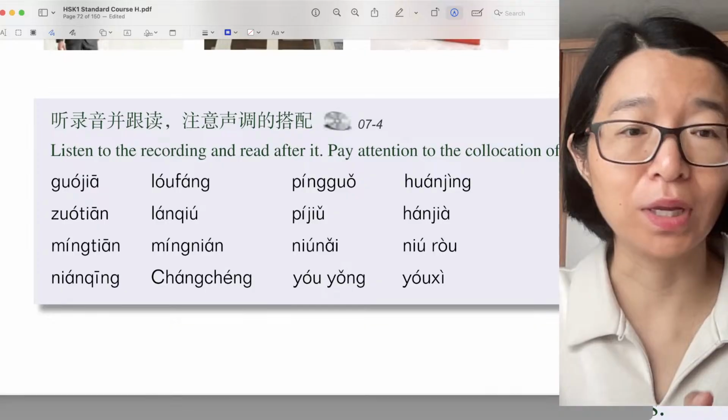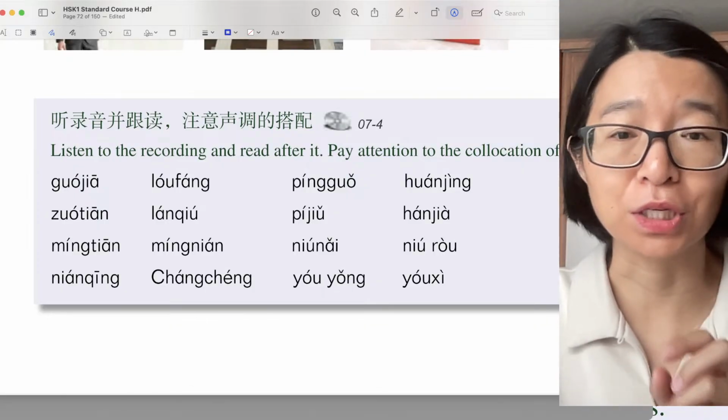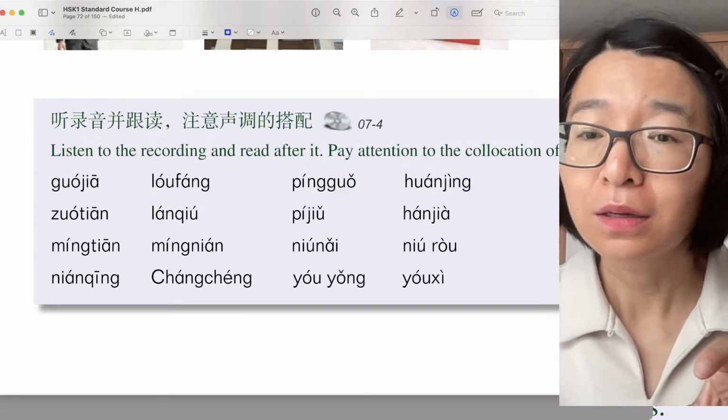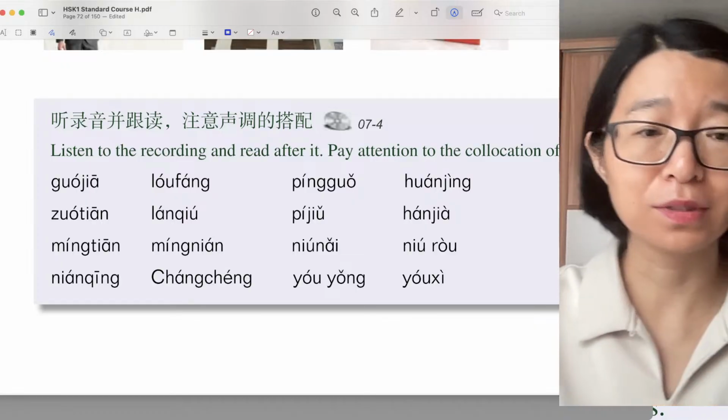Now let's read these tone pairs. Pay attention to the collocation of tones.